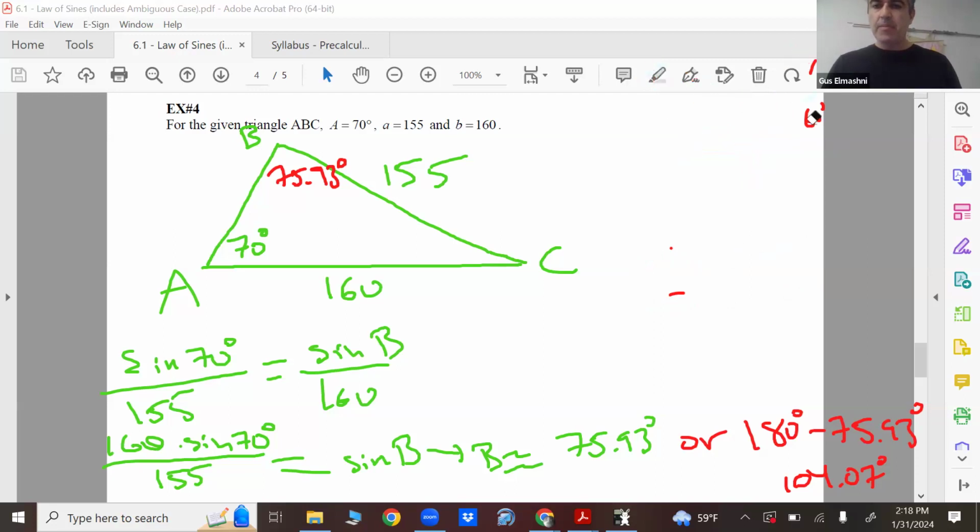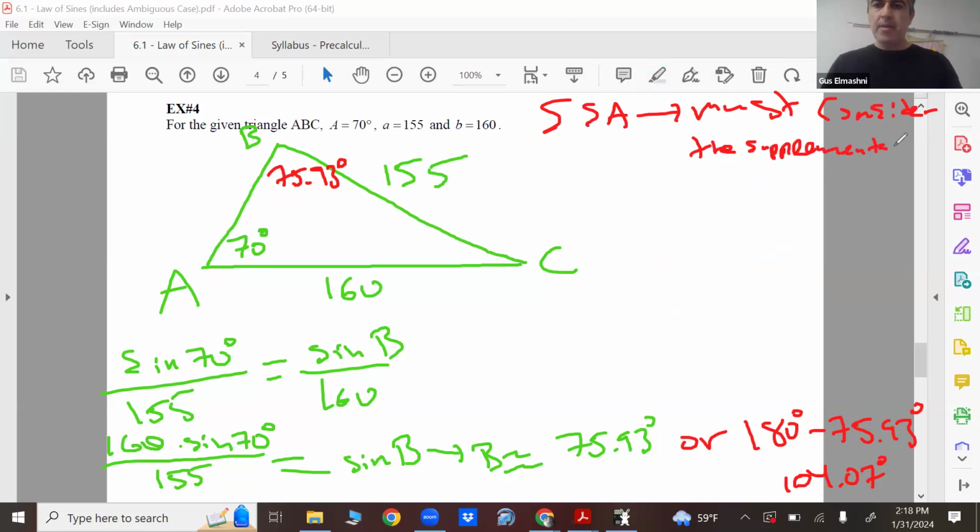So very, very important: always for SSA, you must consider the supplementary angle.